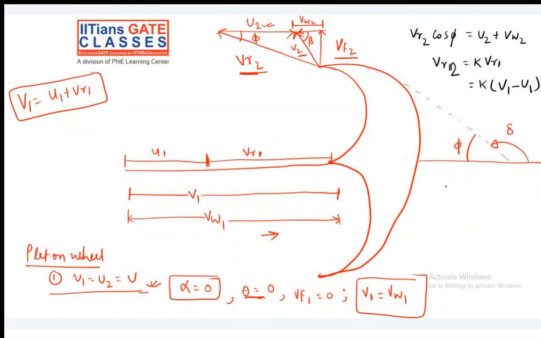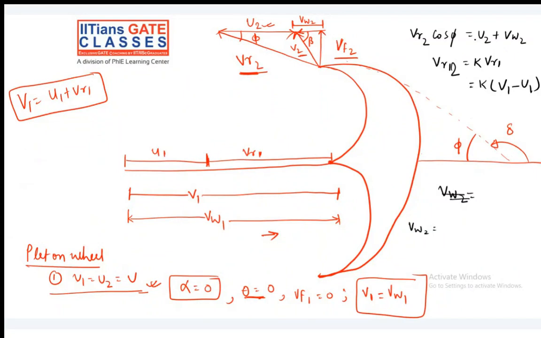Okay. And VW2, can I write down? VW2 is here. So can I write this as K times (V1 minus U1) cos phi minus U2? So VW2 here I am writing down so that the whole term can be written in one line.